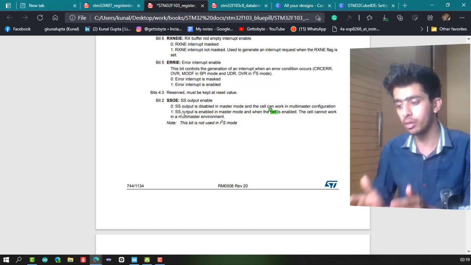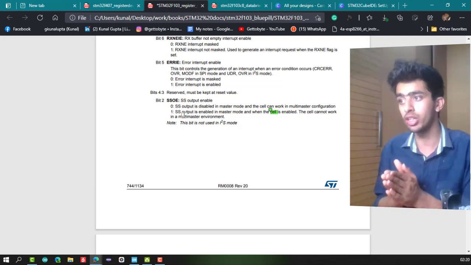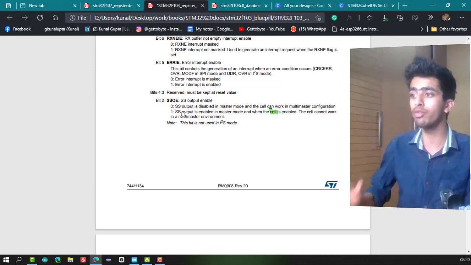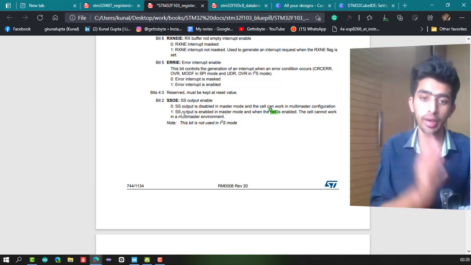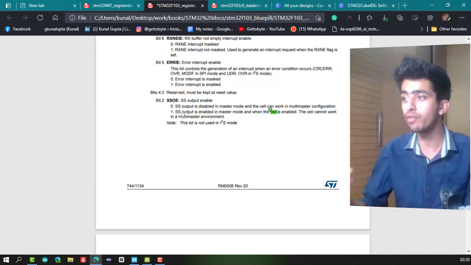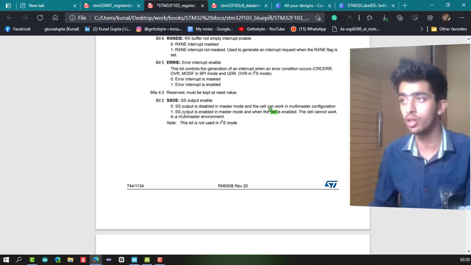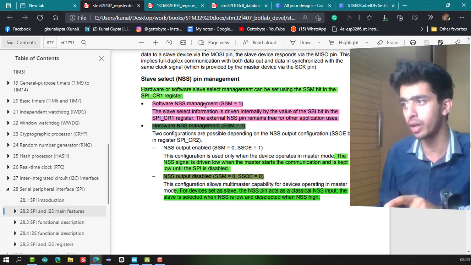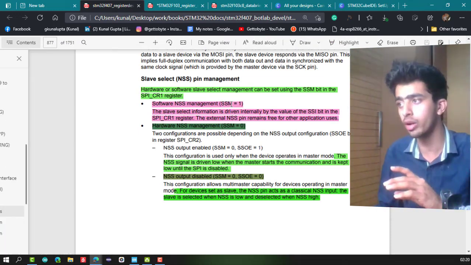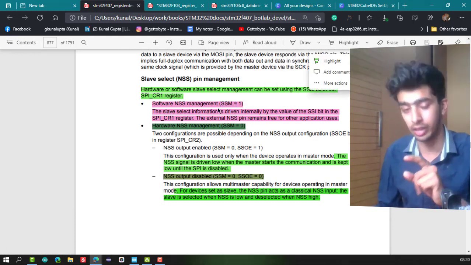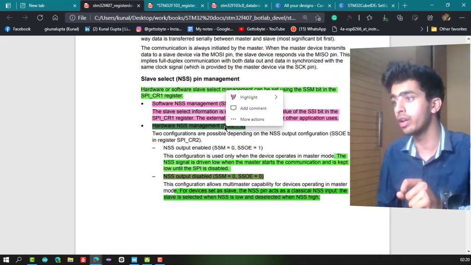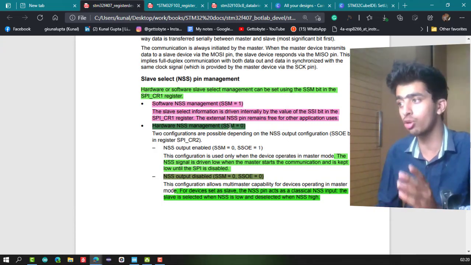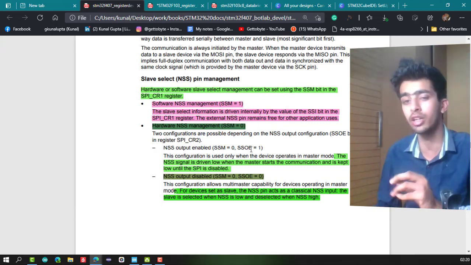As I am configuring in hardware mode, it is obvious that I will be using my GPIO for the NSS pin in output mode, so we have to set SSOE equals 1. When we are using software NSS management, that is SSM equals 1, we use the SSI bit. When we are using hardware NSS management, the SSOE bit has to be set to 1.